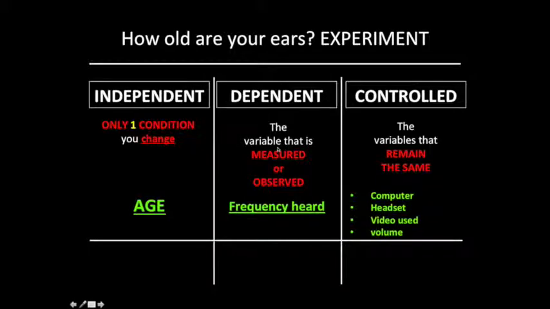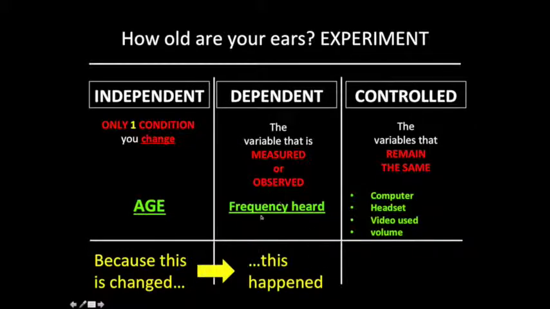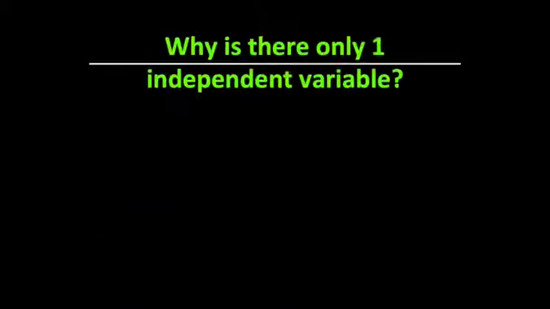The variable that is measured or observed is the dependent variable. And lastly, the controlled variable are the variables that remain the same. Okay? Because this changed, because we changed one condition of the experiment, this happened. Different frequencies were heard. Okay?